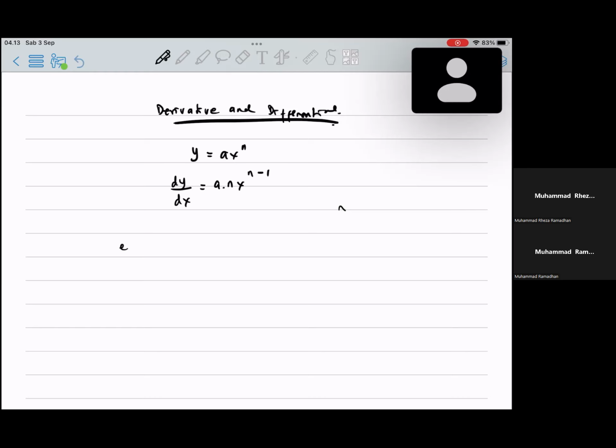So for example, if we have y equal to 2x to the power of 3, dy over dx is 2 multiplied by 3x to the power of 3 minus 1. So 6x to the power of 2.